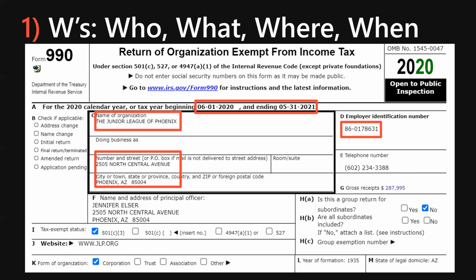Typically, all of the open source resources are going to be about 18 months to 2 years behind the actual calendar year that you're currently in reviewing it. So this to me is not a red flag. This was the fiscal year ending 5/31.